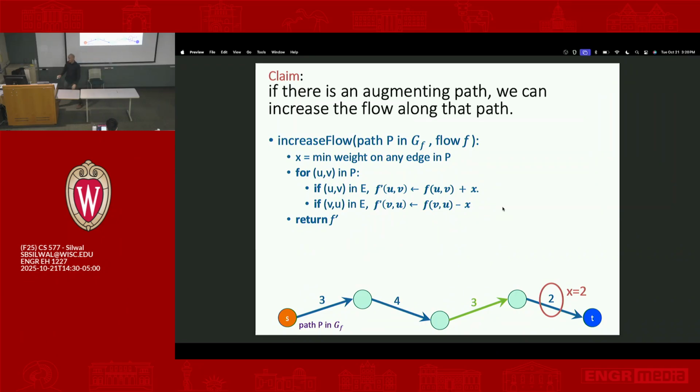So essentially, I find the lowest weight on the path, and that's the amount of flow that I can send on this path. That's the bottleneck on the path, the value that's the smallest. If all the edges were blue, then it's pretty obvious, but it still turns out to be true.